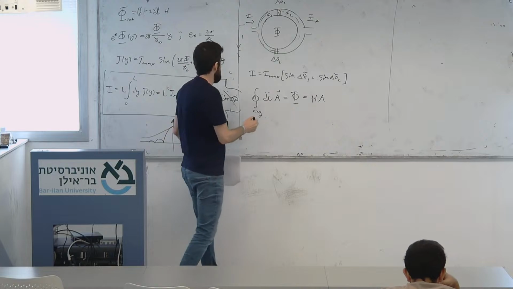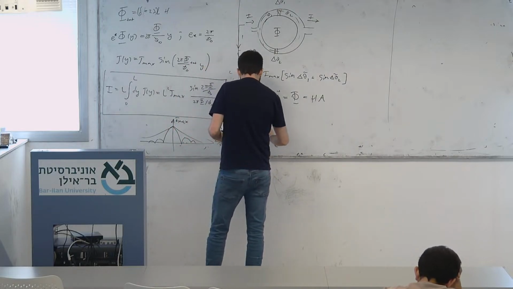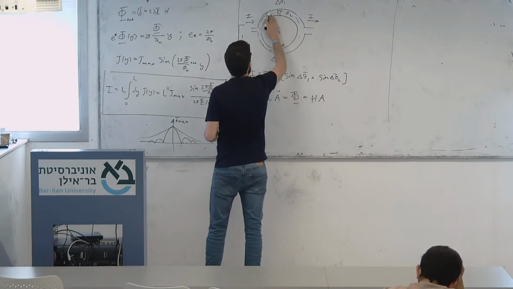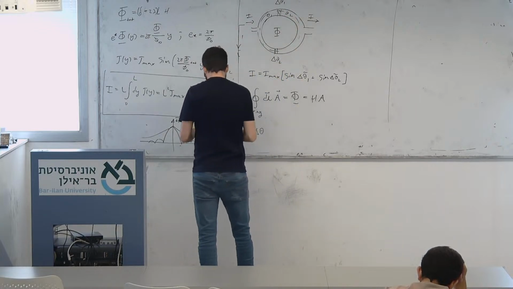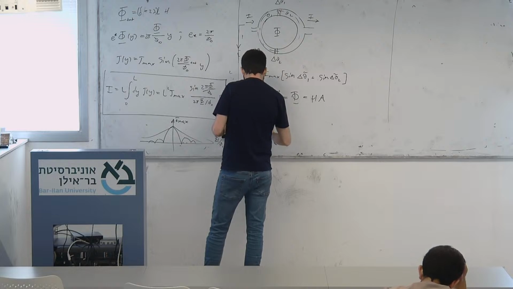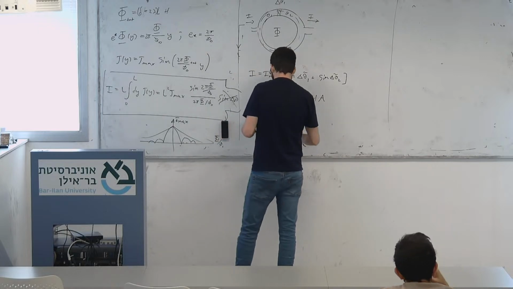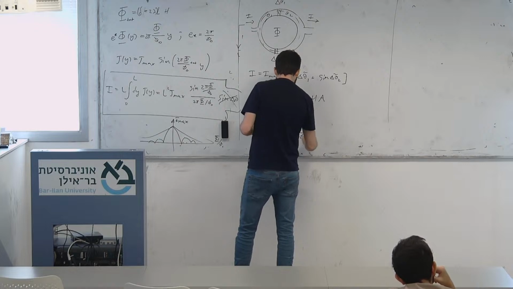So here we can have theta 1 and theta 2. Then we can understand that delta theta 1 tilde is equal to delta theta 2 tilde plus 2 pi phi over phi naught.